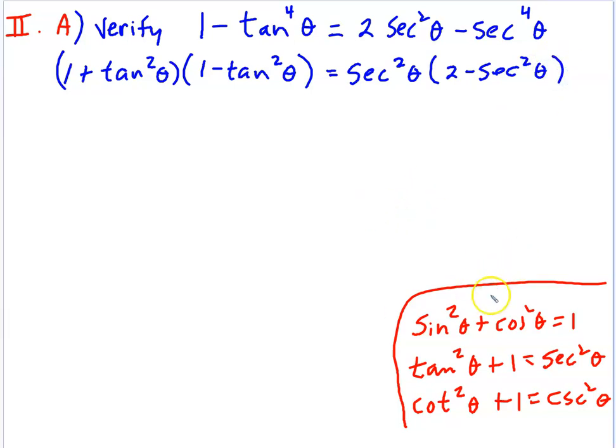Okay, and looking back at our Pythagorean identities, I just went ahead and listed them again here for you for reference. Notice that 1 plus tangent squared is equal to secant squared. So we can substitute secant squared.